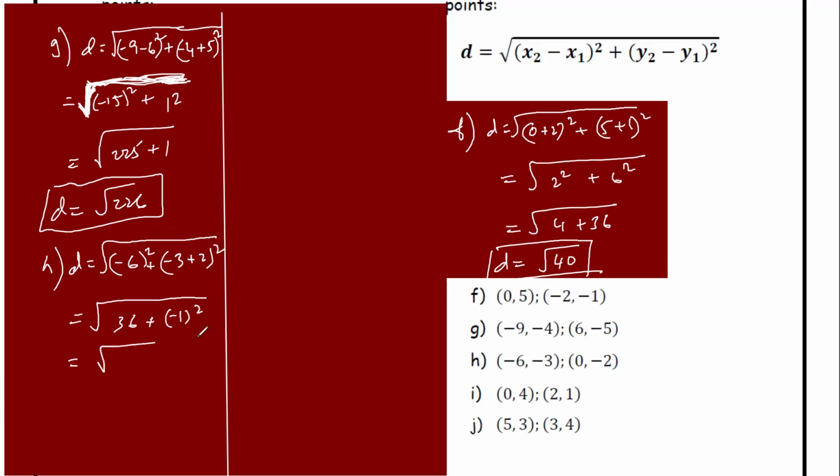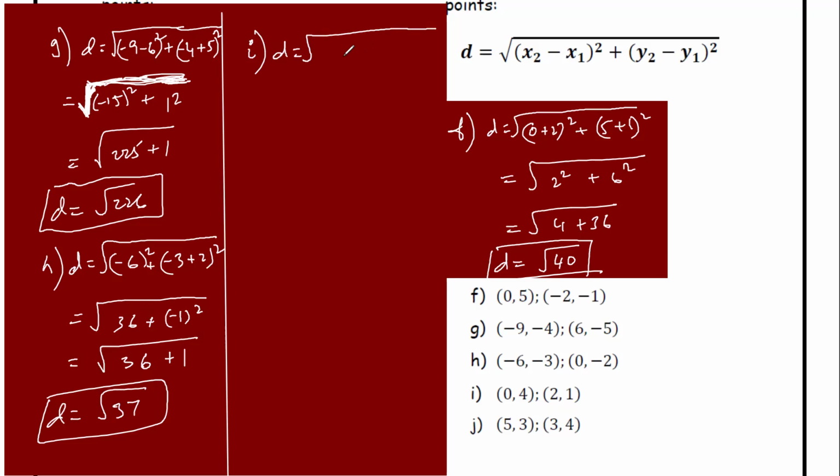So that's root of 36 plus 1, 37. And that's your H. I. So D is 0 minus 2, the whole thing squared. So that's -2 square. And 4 minus 1, the whole thing squared, which is 3 square. So that's 4 and 9, root of 13.